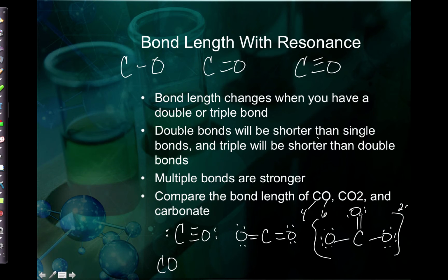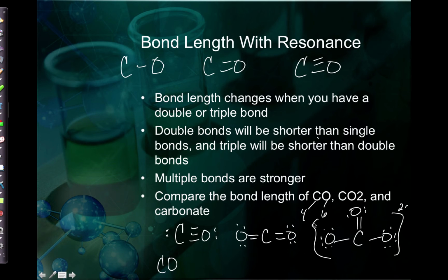Because of that, the bond length is not different between these two atoms and these two atoms. They're all the same length because the electrons can move around. That means the length between these atoms is going to be between a single bond and a double bond.